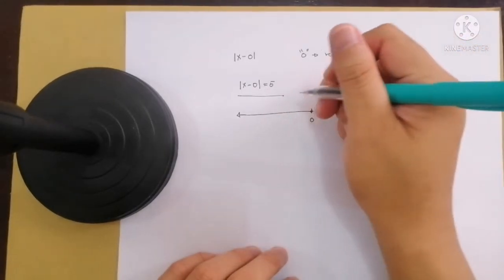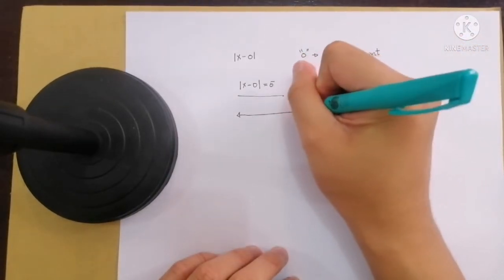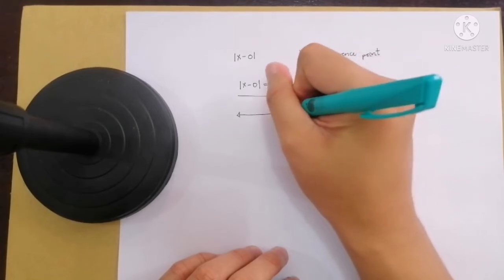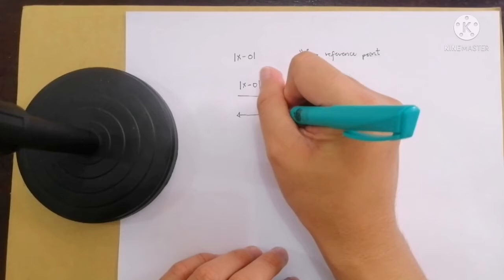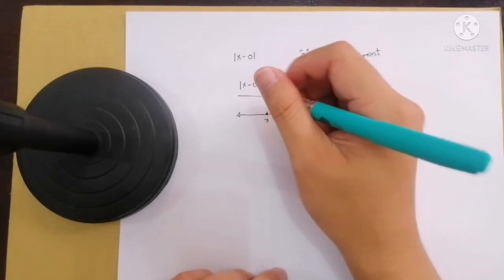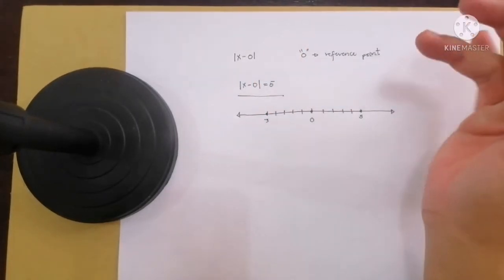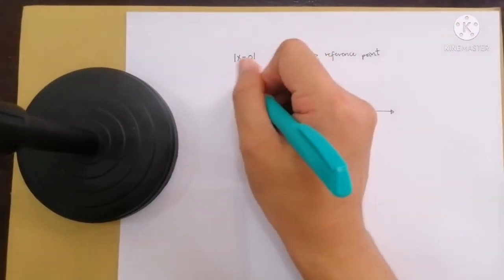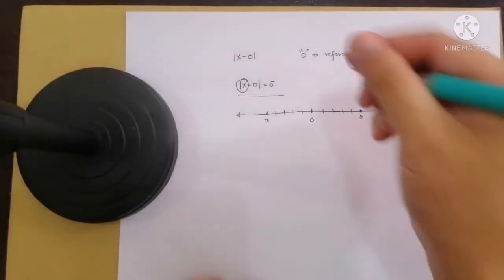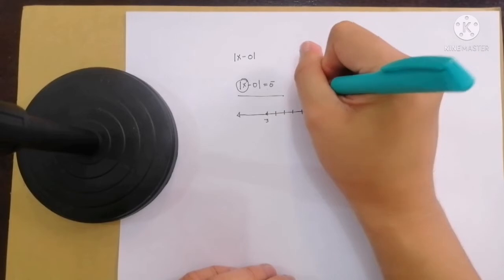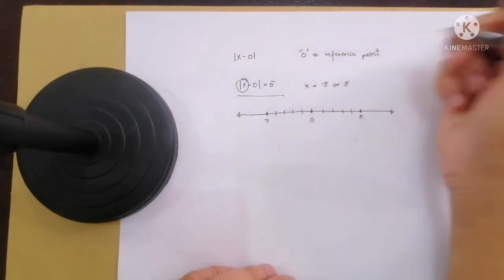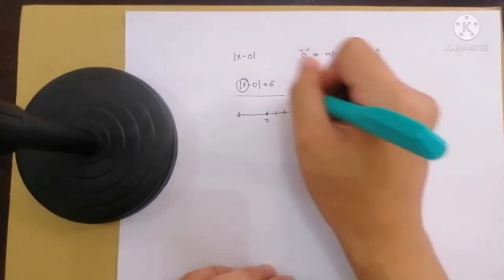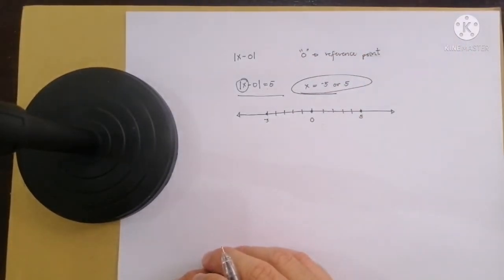And dito naman sa kabila, we have here 1, 2, 3, 4, 5. So maglaland siya dito sa negative 5. Therefore, the numbers being represented by x here are negative 5 and positive 5.